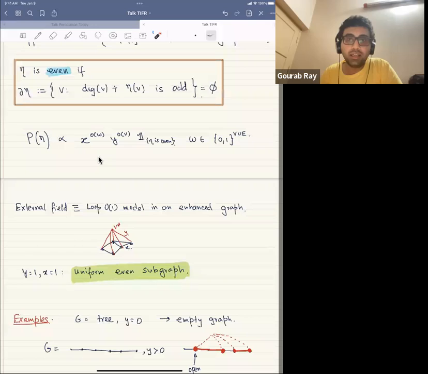So percolation on the vertices is just another way to talk about the same thing, but on this enhanced graph. The reason we talk about it this way is that we want to talk about automorphism invariance and things like that.